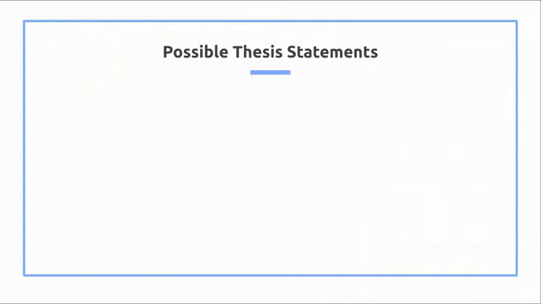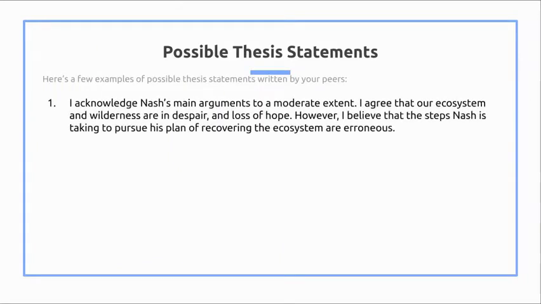So, first thing, let's look at some of your classmates' working thesis statements. Remember, these are works in progress, so let's not be too critical, but I will show you 5 of them. I'll talk through it, give you a few tips. So here they are. First one.